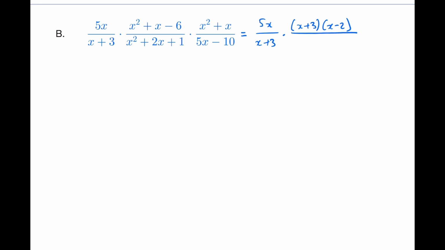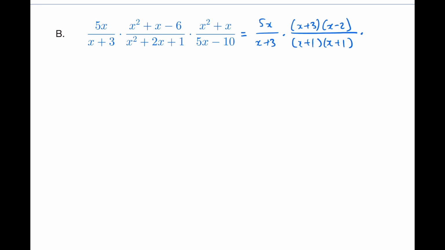And then looking at the denominator, we would factor that as well. What does that factor out to? Well, the factors of 1 are 1 and 1, and when you add those together, that gives us 2. So we would have an x plus 1 and an x plus 1 down here.